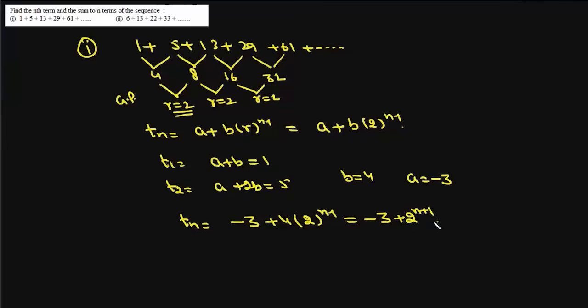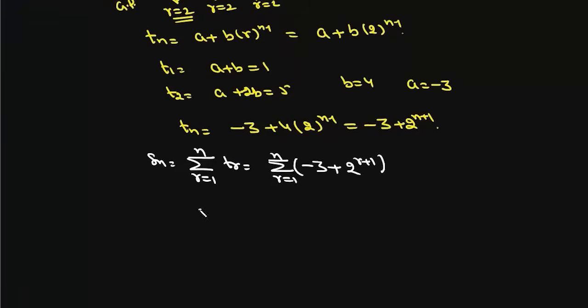Now we need to find sum of n terms. Now this Sn will be simply summation r varies from 1 to n tr, which is summation r varies from 1 to n of minus 3 plus 2 to the power of r plus 1. Now summation of minus 3 is simply minus 3n, and then we'll have summation r varies from 1 to n of 2 to the power of r plus 1, which is nothing but a GP.